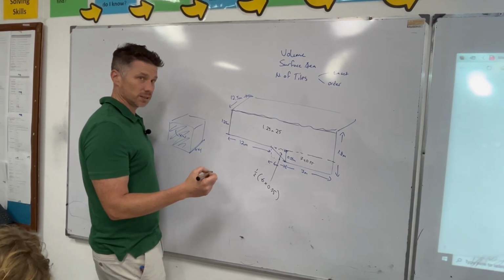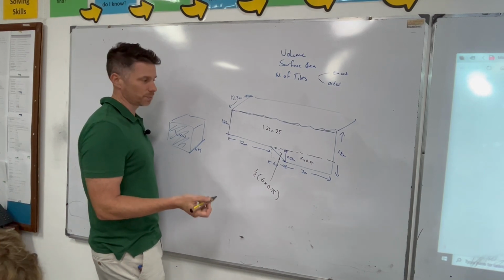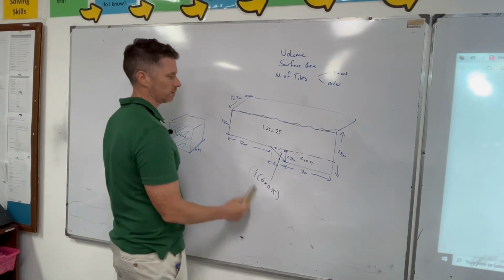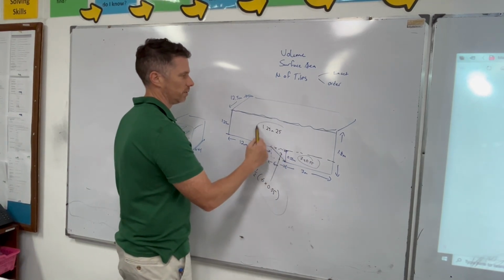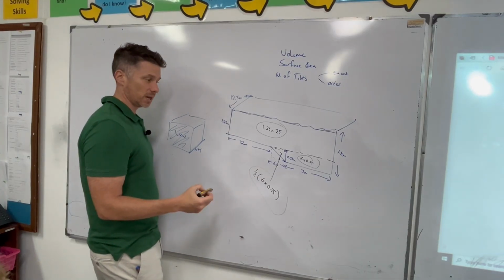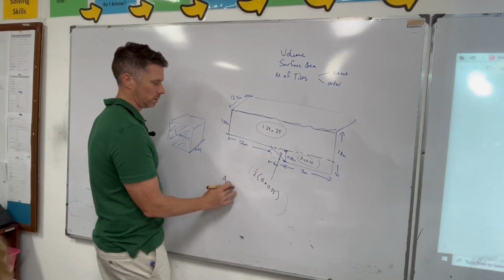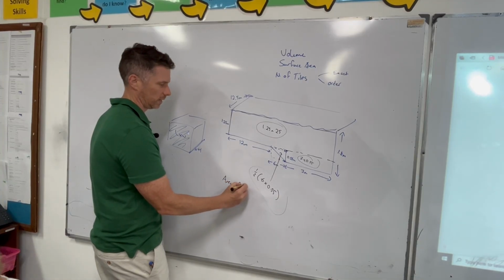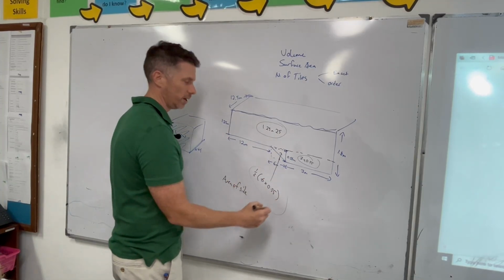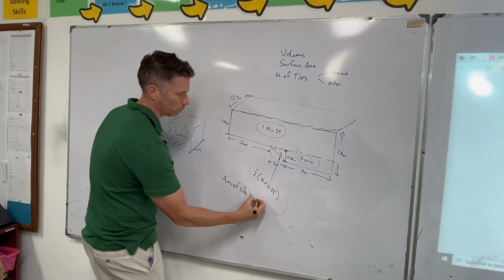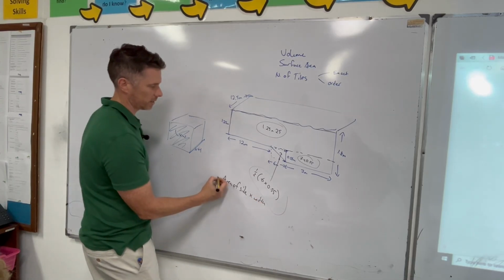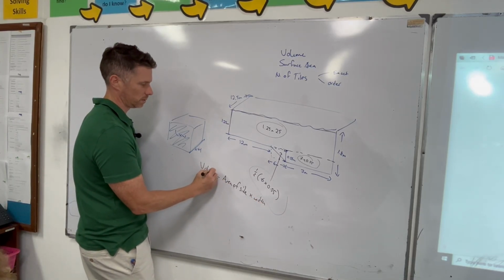Now that is areas. To get a volume, I need to multiply it by something. Well, I get this answer, this answer, this answer, add them together. That'll get the area of the side of the pool. If I get the area of one side, full area, I can multiply it by the width, and that will be the volume.